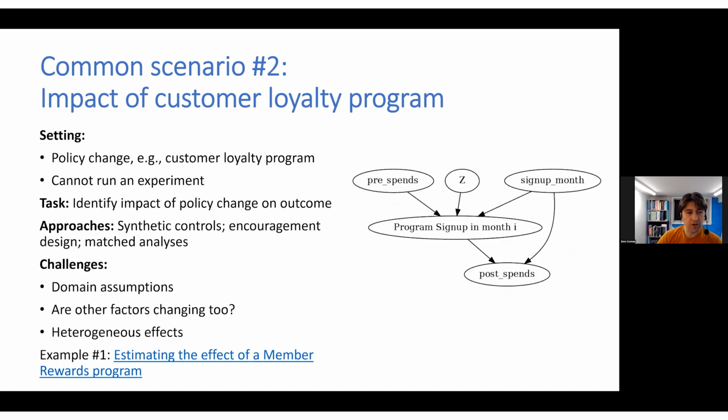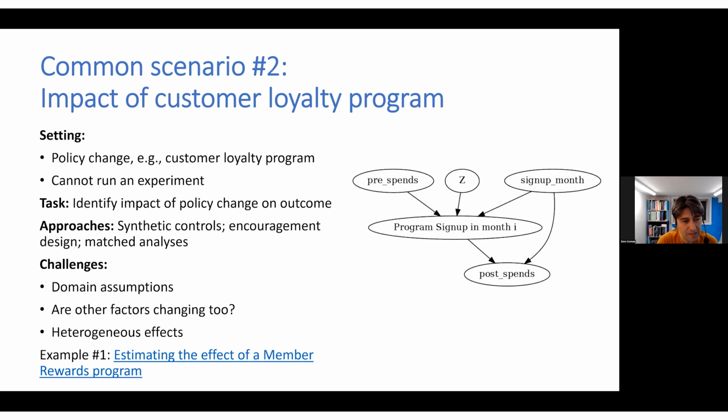The second scenario that's quite common is when people know that they have a program that they want to deploy or have deployed that they won't be able to run an experiment on, such as a customer loyalty program or a membership rewards program. It turns out that many companies, or customers rather, don't feel great when they know that someone else has gotten a reward when they haven't.